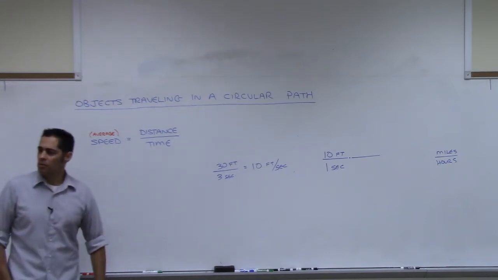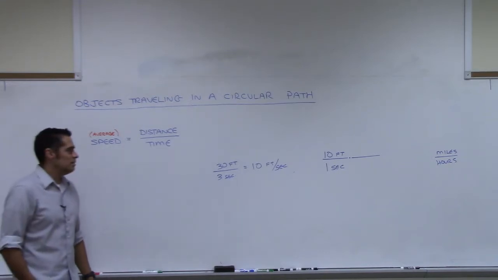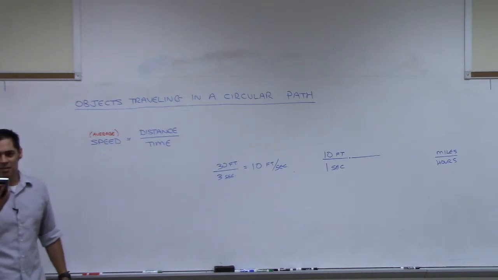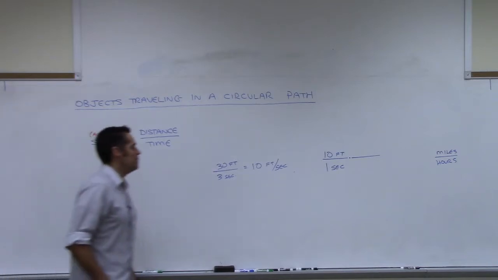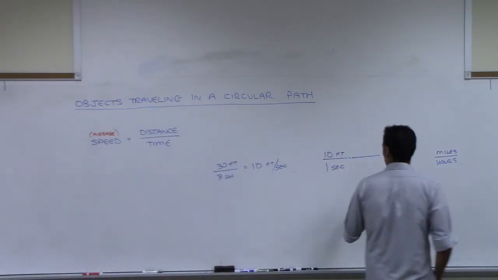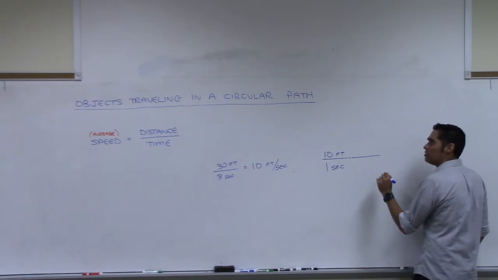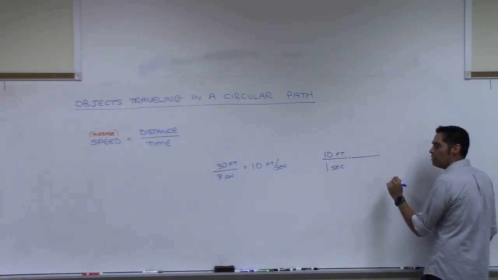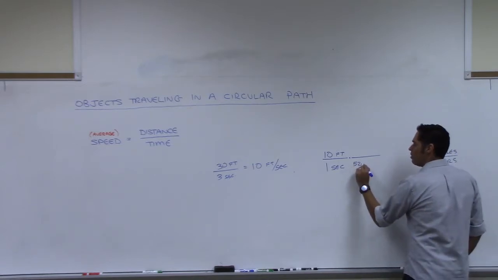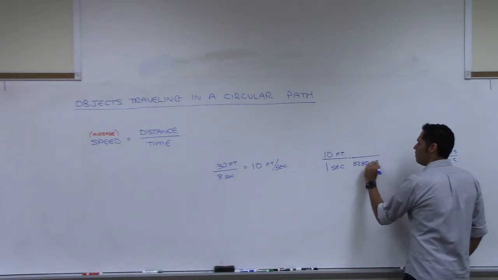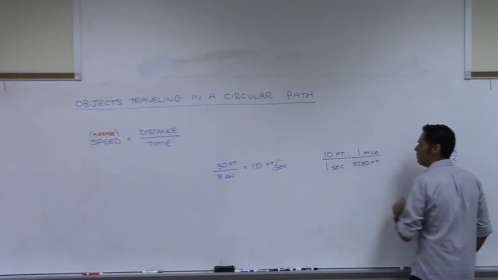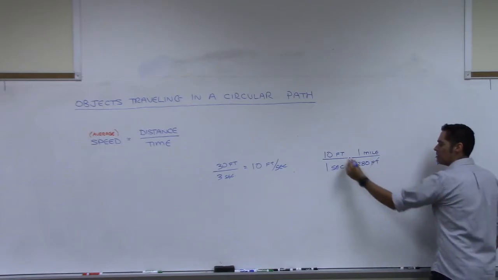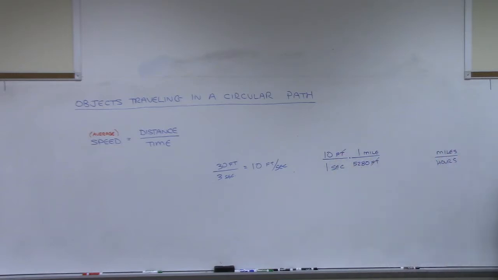Now, you might have to Google that, but if I was going to Google anything, I would just say, convert 10 feet per second into miles per hour, and it'd be done. But we can do it mathematically like this. There are 5,280 feet in 1 mile. So I'm going to put 5,280 feet on the bottom and 1 mile on the top. Why did I put the mile on the top and the feet on the bottom? So that these feet cancel.